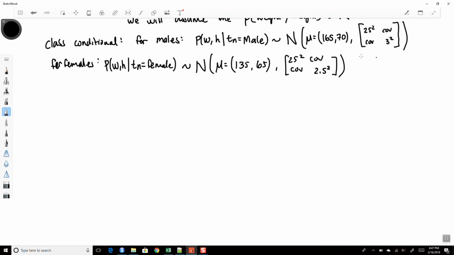Okay, so these are our class conditionals, or these define our likelihood terms, and then the prior distributions will be just based on our knowledge of the department.